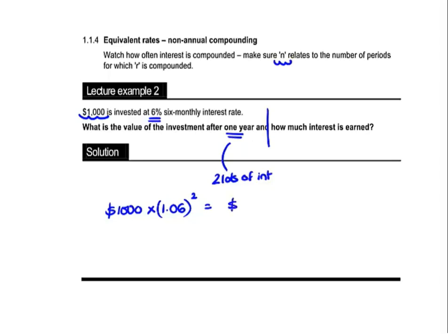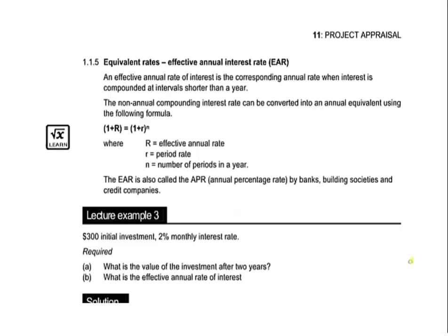So at the end of the year, we're going to have $1,123.60 in the account. We already had 1,000, so the interest earned is $123.60.